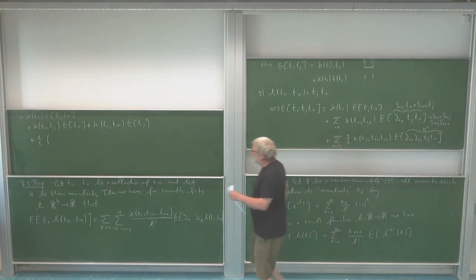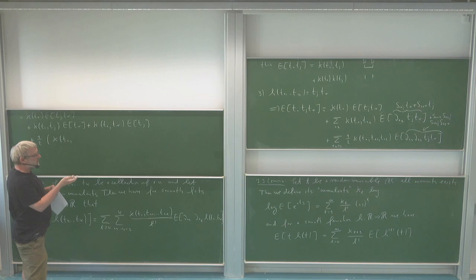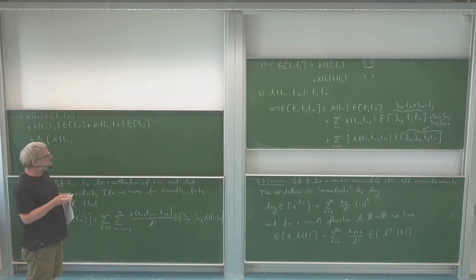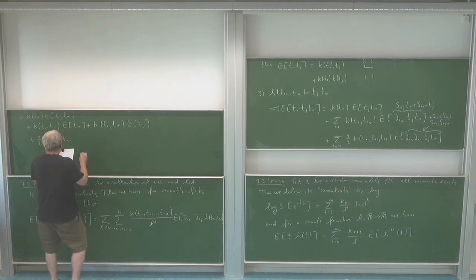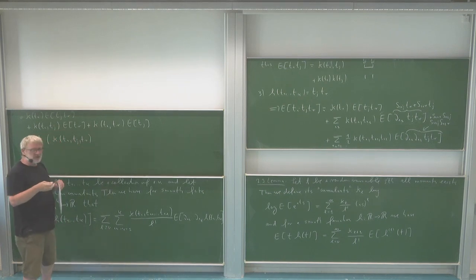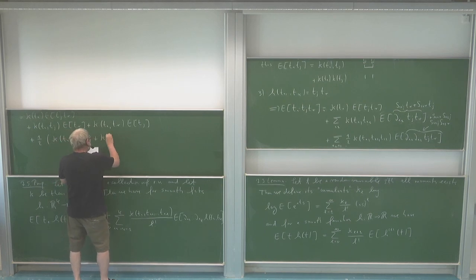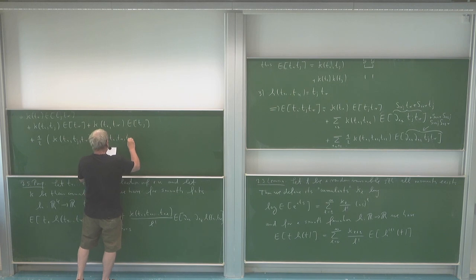So namely, I have 1/2, I have kappa of, first argument is always ti, and now the second and the third argument are either the j or the r in one or the other order. I mean the two terms. So the first one gives the tj, tr, and then the expectation of 1, which is 1, so the expectation is not there anymore, plus kappa, and then it's the other way around, ti, tr, tj.